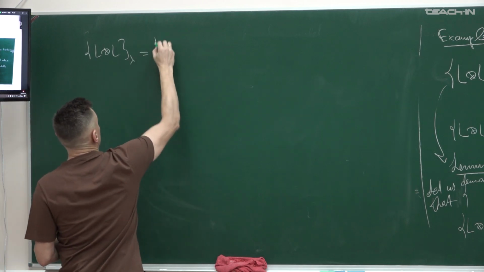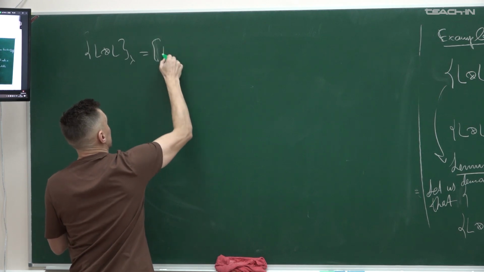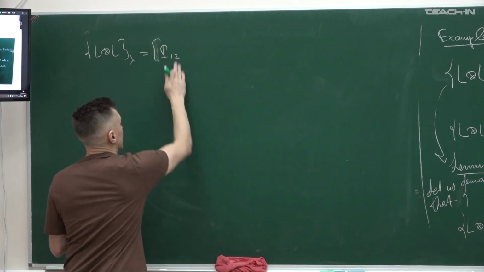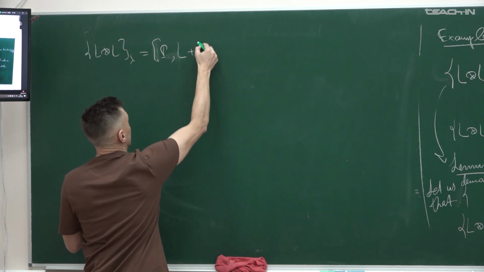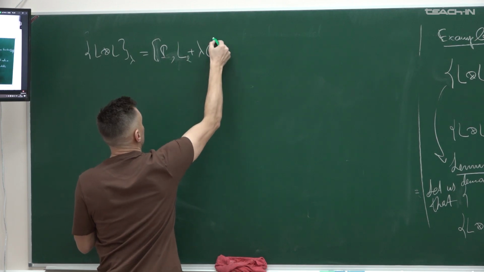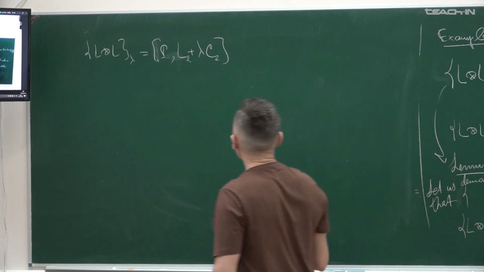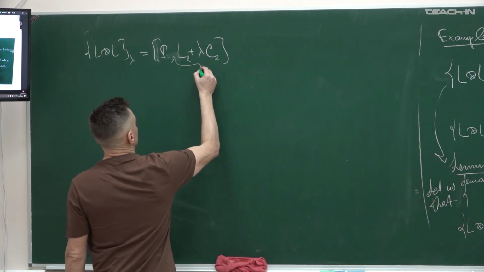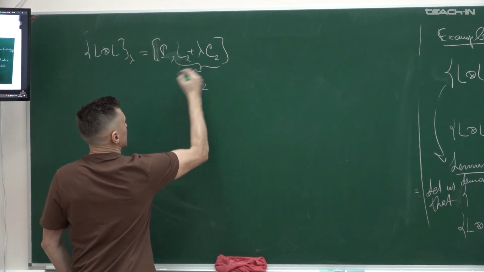L_lambda is the commutator of P with L2 plus lambda C. Okay. Now let me introduce new coordinates. It will be L2 tilde.